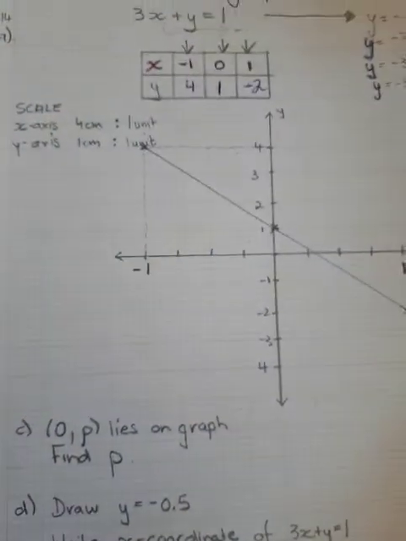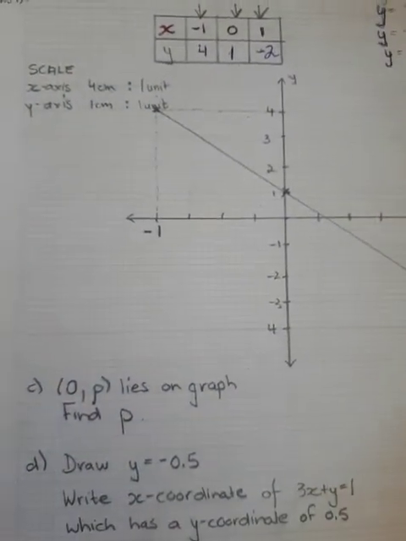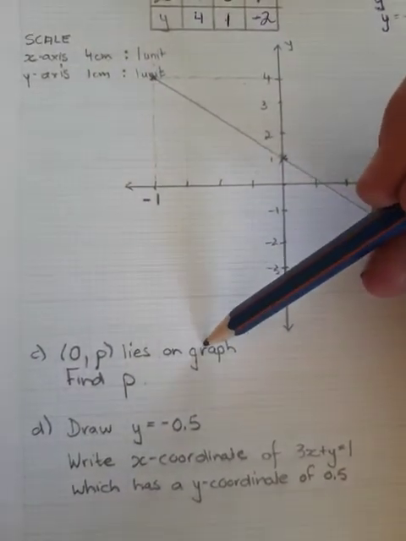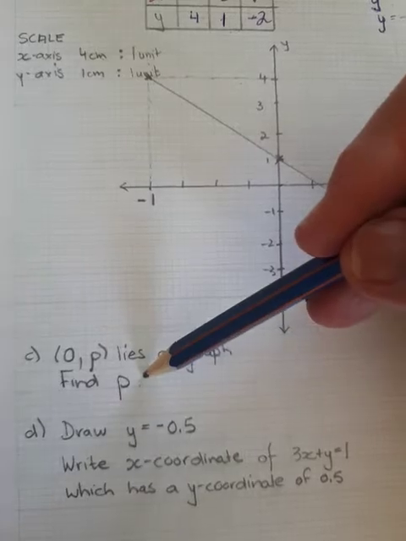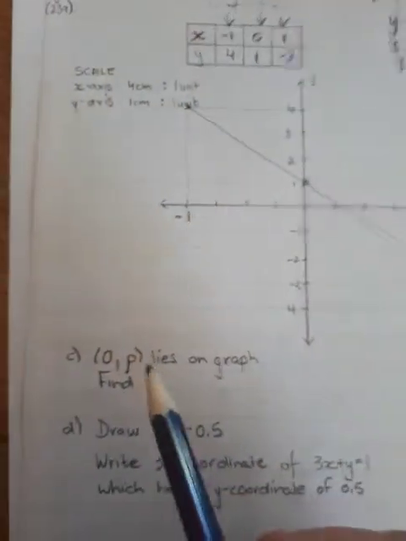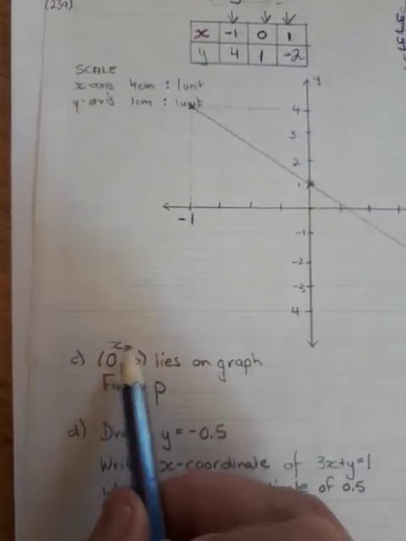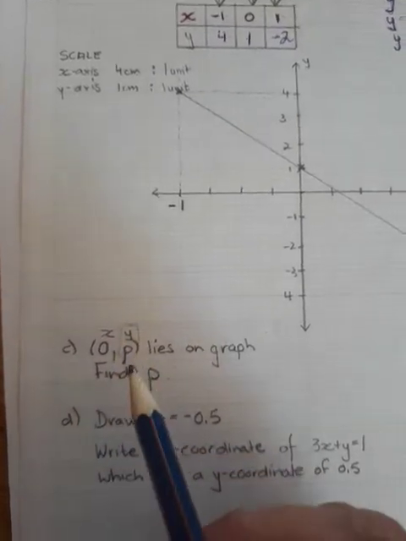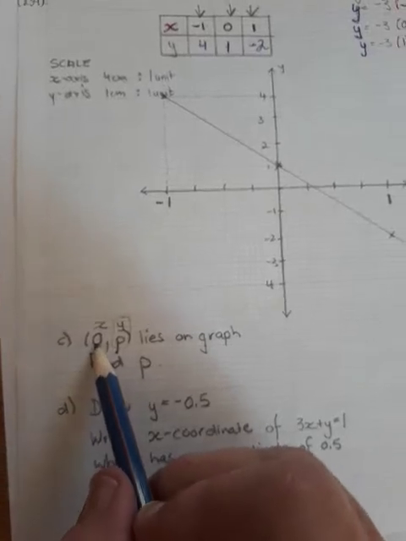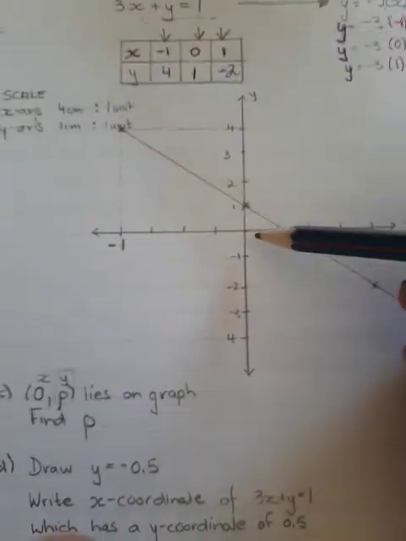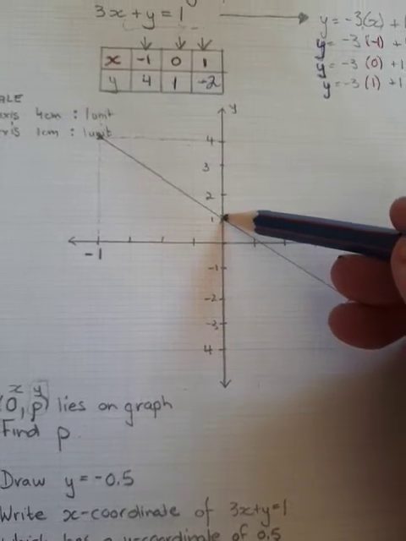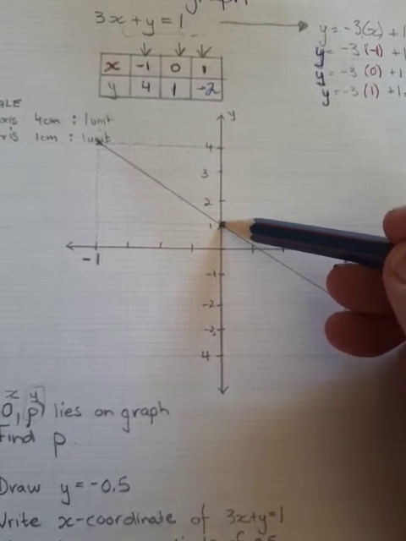Okay, if we then look at the questions that are asked, they are telling you that (0, p) lies on the graph. Find p. So remember the 0 is the x coordinate and p is a y coordinate, so that will be read off on the y-axis. So once again, find the point where x is 0 and look where the graph line crosses the y-axis.